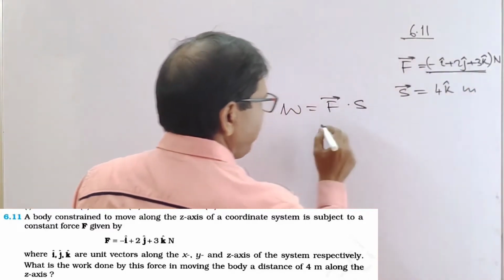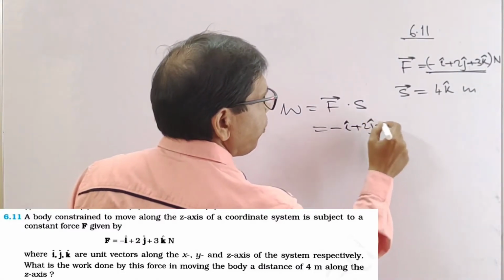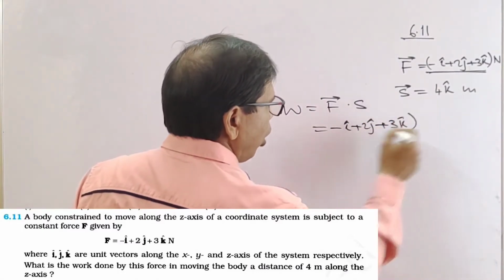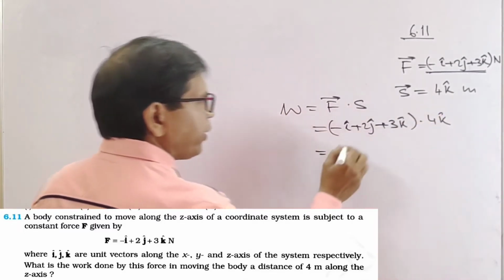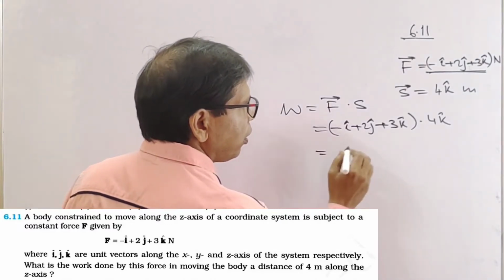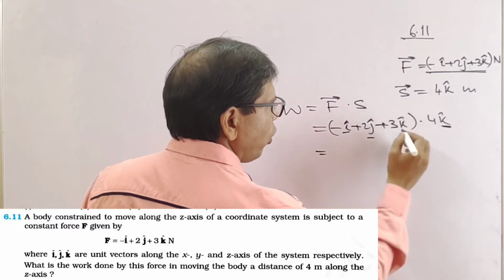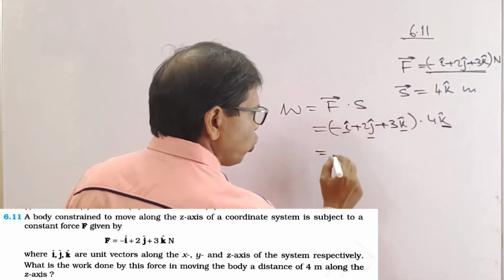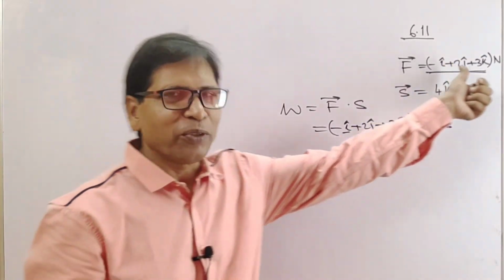Here force vector is given, so this is minus i cap plus 2j cap plus 3k cap dot 4k cap. Now this is 0, this is 0, but this one, so this is 12 joule, the work done by the force.